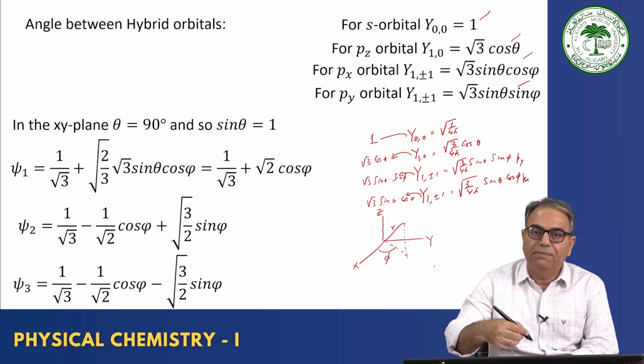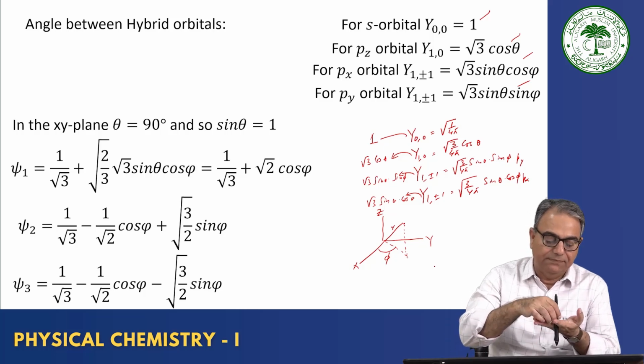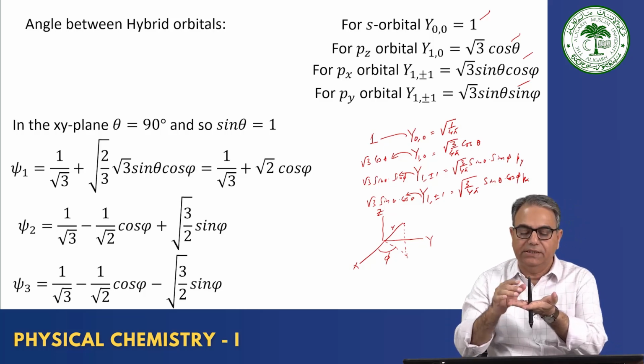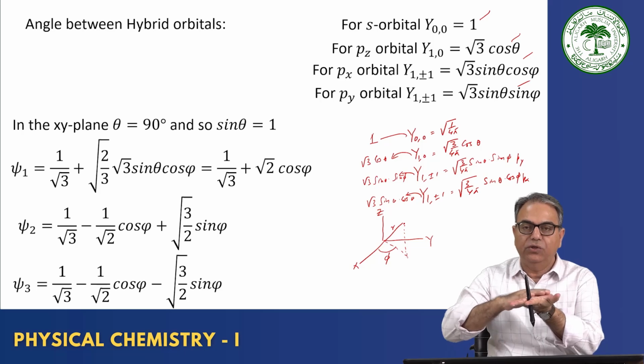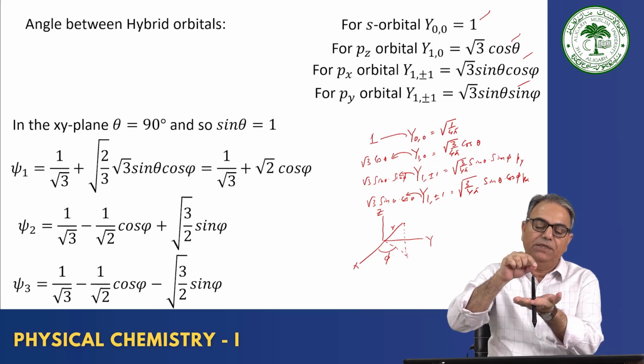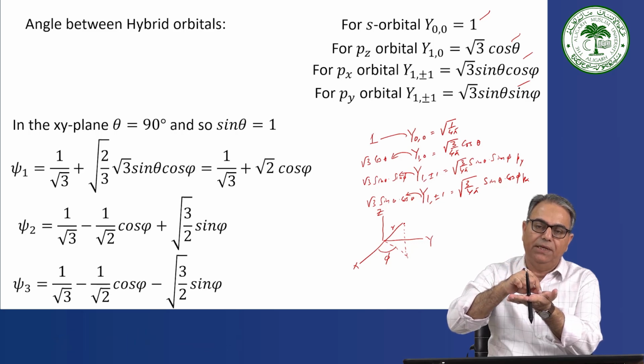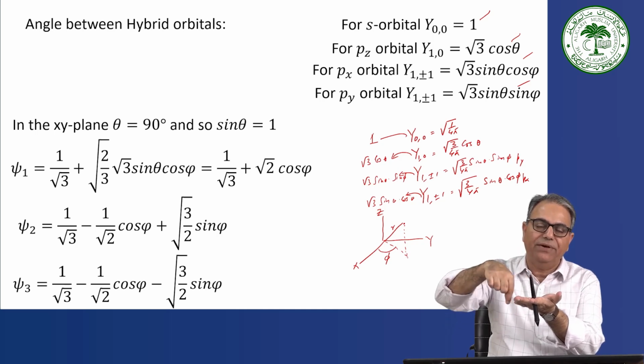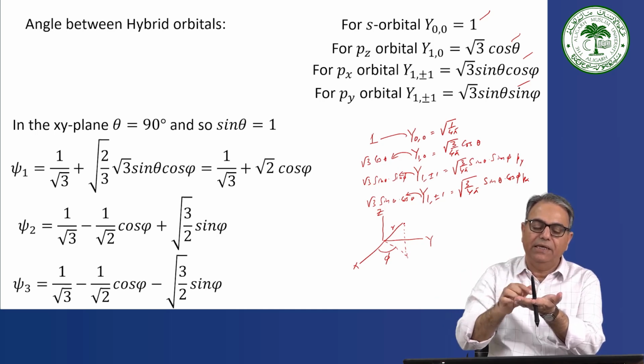So in the xy plane, this is your z axis, and this is your xy plane. If you have a point here, draw a perpendicular from this point in the xy plane, and then see what angle it is making with the x axis. So the angle in the xy plane will be the phi angle, and the angle which this r value is making with the positive z axis will be the theta angle.